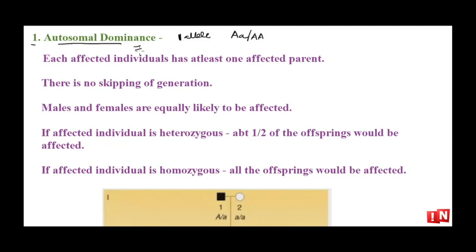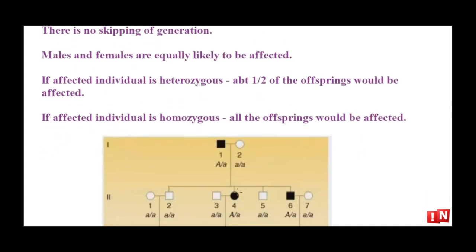Now since it's a dominant condition, wherever you see an affected individual, this affected individual will for sure have at least one parent who is affected, right? That's how this individual has got that particular allele. We are talking about autosome, right? So if you look at a particular individual who is affected in a generation, this affected individual will for sure have at least one affected parent. So that is one important point.